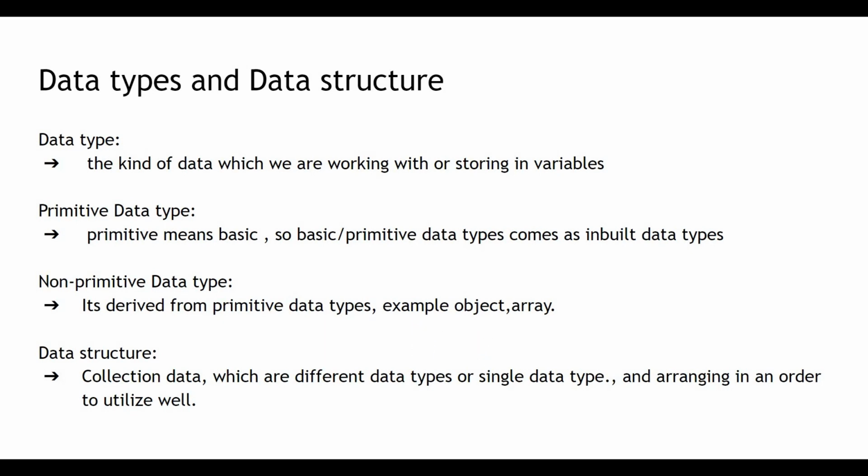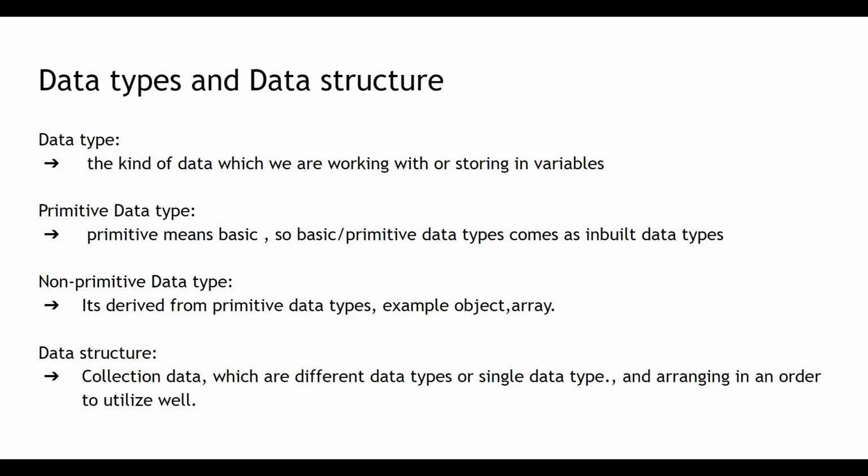What about non-primitive data types? Non-primitive data types are nothing but other than the primitive data types, the kinds of data types we are making. Non-primitive data types can be derived from the primitive data types. See, here the examples are object and array. If you consider an object, in the object you can create a key and a value, right?